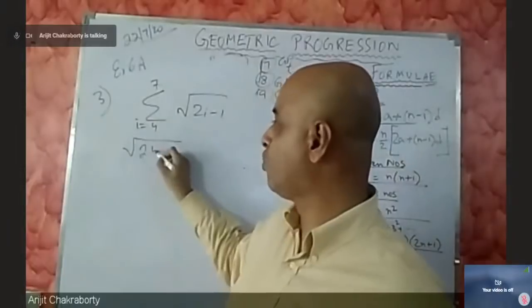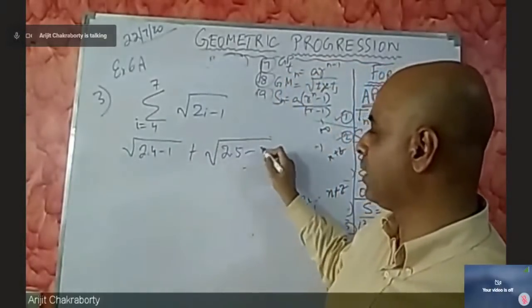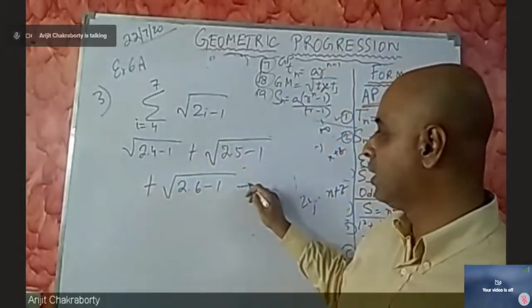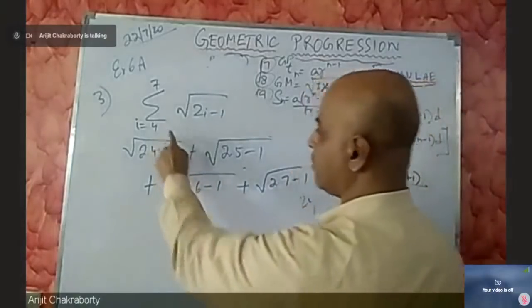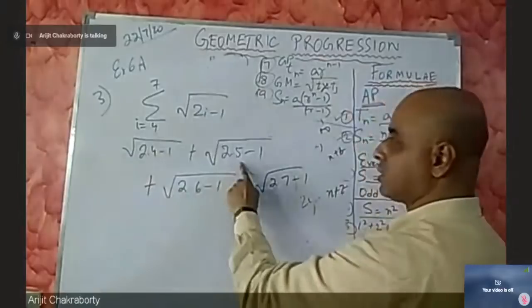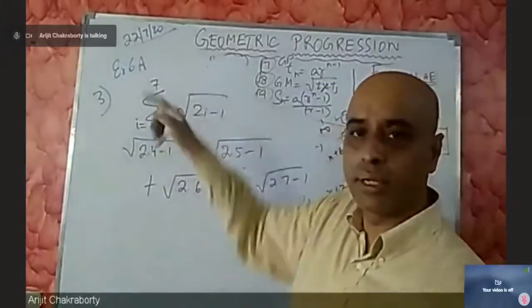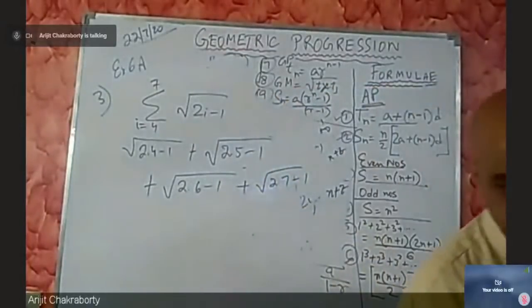So square root of 2 into 4 minus 1 plus again square root of 2 into 5 minus 1 plus again square root of 2 into 6 minus 1 plus again square root of 2 into 7 minus 1. So 4 is here, 5 is here, 6 is here and 7 is here. So summation 4 to 7. Please see, once again, see the expression.